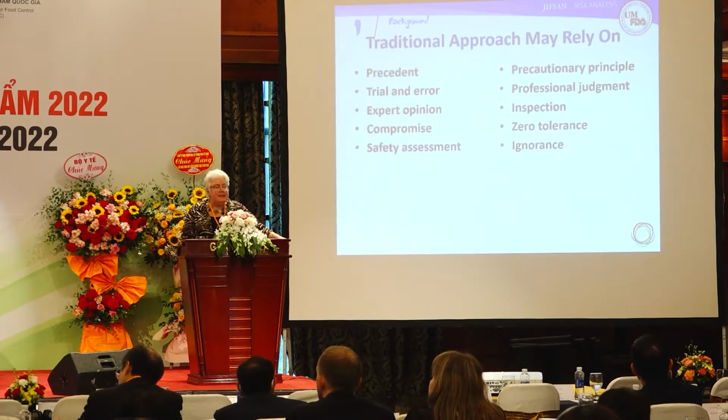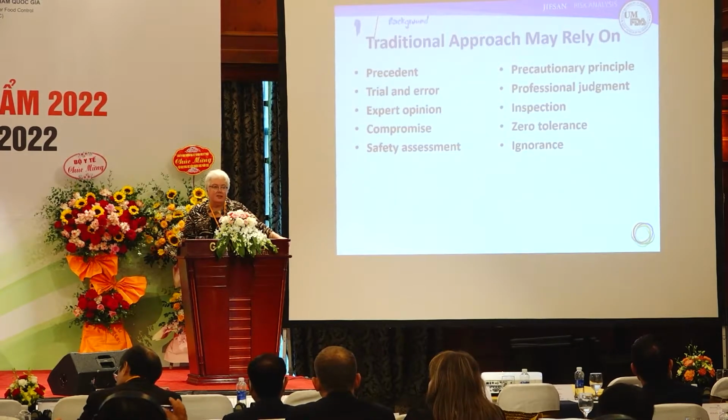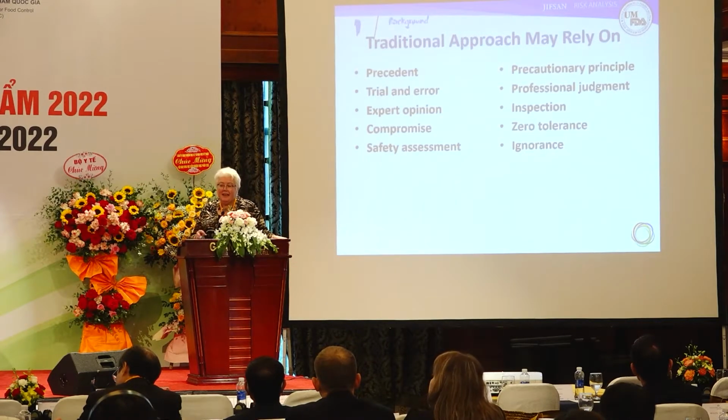A lot of this really has relied on precedents, past practices, trial and error, and expert opinions, particularly when you don't have data from the labs. It may involve safety assessments. I know a lot of countries do chemical safety assessments. A lot of times it's been based on precautionary principles, professional judgment, zero tolerance, and ignorance. And none of these methods really are quite scientific.